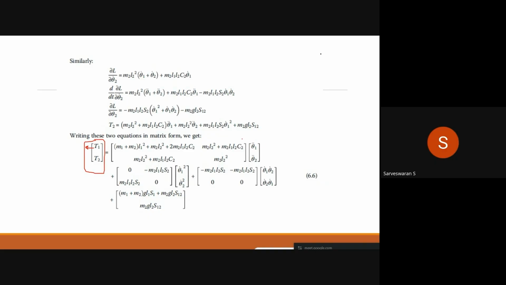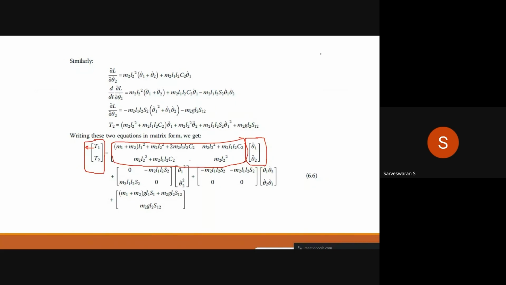So this is your inertial matrix, with theta 1 double dot and theta 2 double dot. So this first term is your inertial matrix, the joint inertial matrix, you can also say.